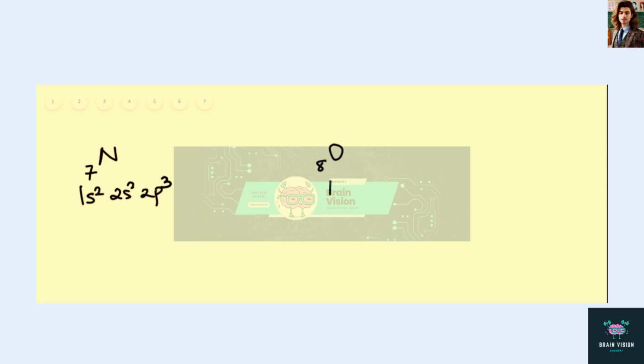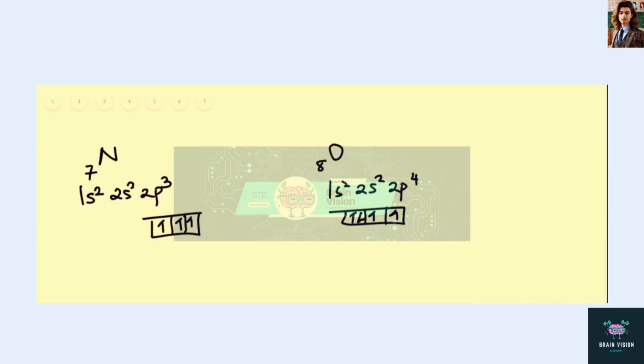And oxygen is 1s2, 2s2, 2p4, right? So the p orbital here is completely filled. It's partially filled, I mean. Here you have 1, 2, 3. And here you have the p orbital to be 1, 2, so 1, 2, 3, 4.